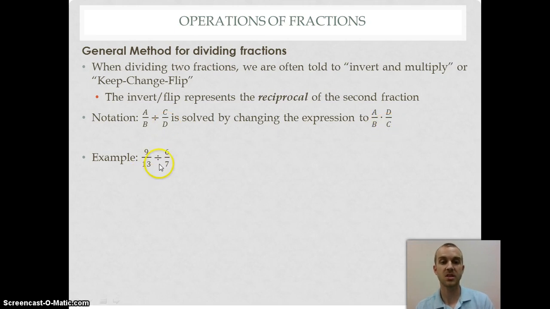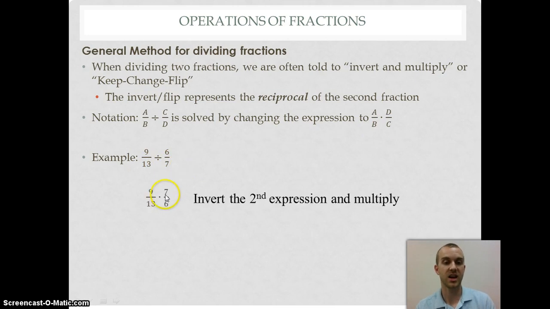So 9/13 divided by 6/7, when I invert and multiply, that's going to become times 7/6. So then 9 times 7, 63, 13 times 6 is 78. I ask myself, can I simplify this? Yes. I'm going to divide both by 3 and end up at 21/26.